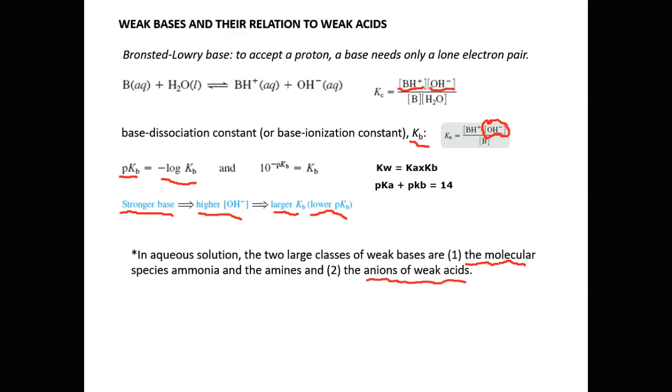To get the Kb of the anion of the weak acid, you take Kw divided by Ka of the weak acid. That's how you find the Kb of most anions of weak acids, because if you look in the back of the book, there's no Kb for, for example, acetate. You take Kw over Ka to get Kb.